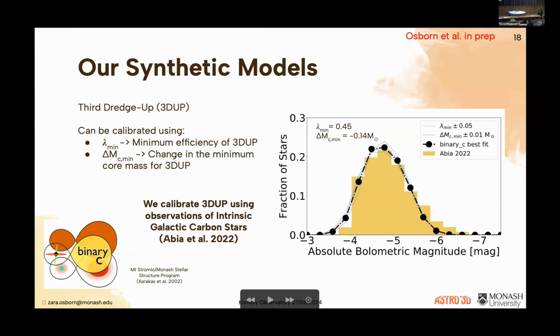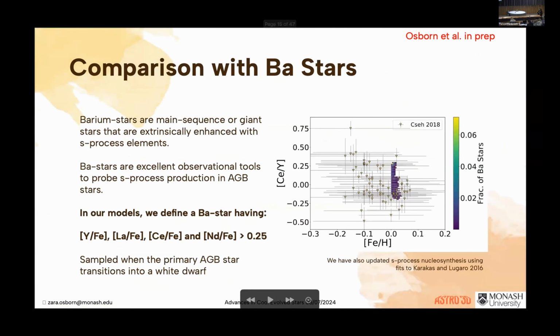So a further comparison we do is to compare our models to observations of barium stars. Now, barium stars are main sequence or giant branch stars that have been enriched with the s-process elements, and this enrichment originates from a previous AGB star companion.